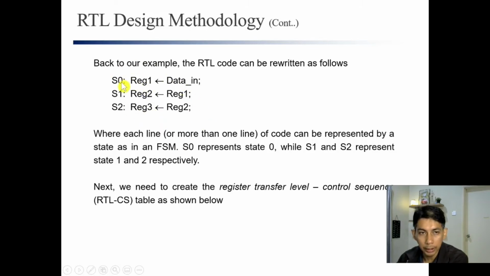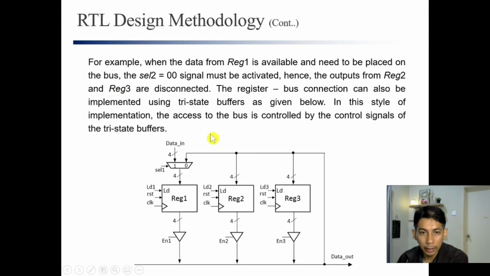For example, in state 0, in order to do that, we need to set the control signals here at the correct time, right? So to move the data here to this register, what you need to do is set this signal to 1, such that the data here can go through this multiplexer and go to reg 1. To go to reg 1, you need to enable this LD1.